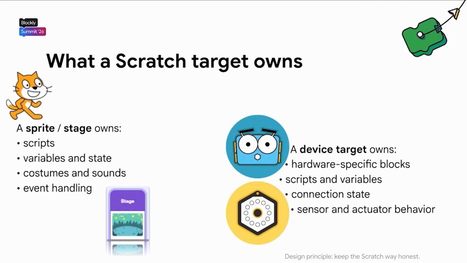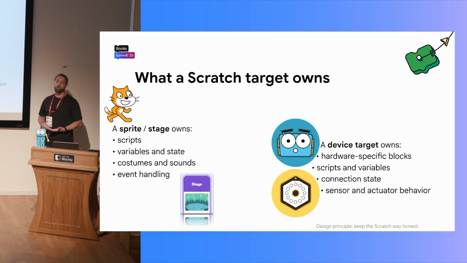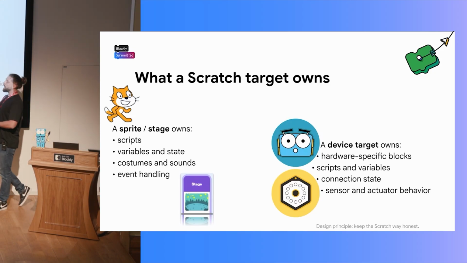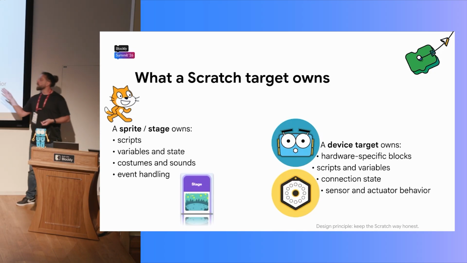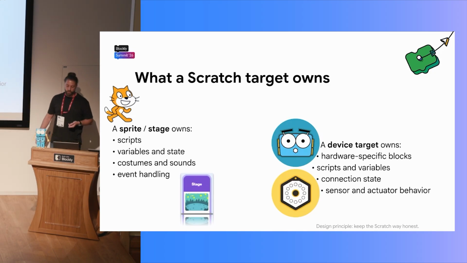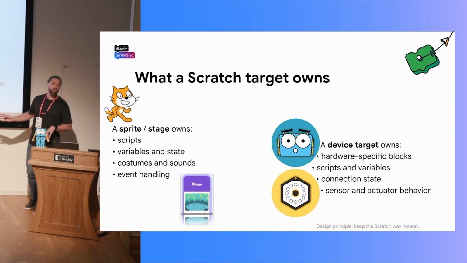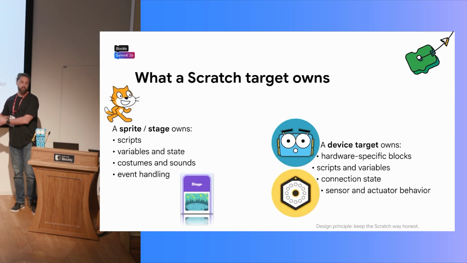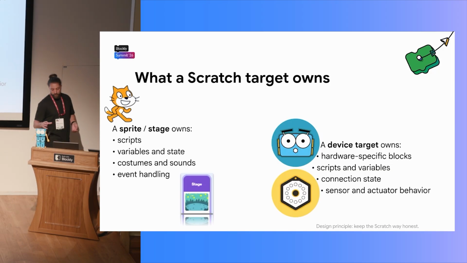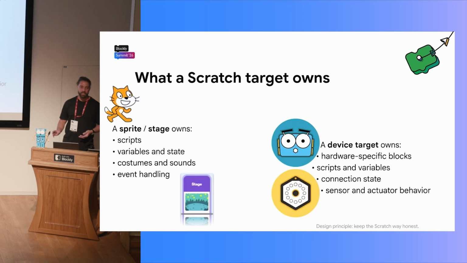We wanted the same rule to remain true for Marty and Cog, so the selected device should own its own scripts and variables, also connection status, hardware behavior, while ordinary sprites on the stage should keep behaving the way they used to, the way Scratch users expect. And the design principle for the rest of the talk is: extend the Scratch target model instead of hiding device behavior behind some unrelated sprite.